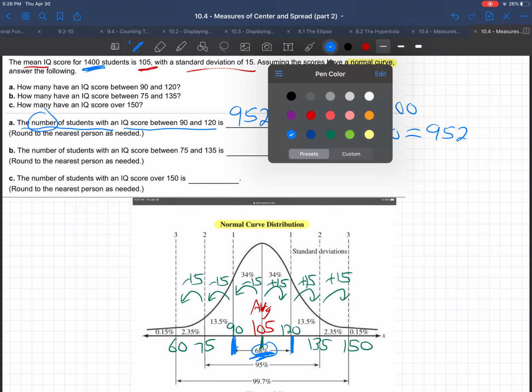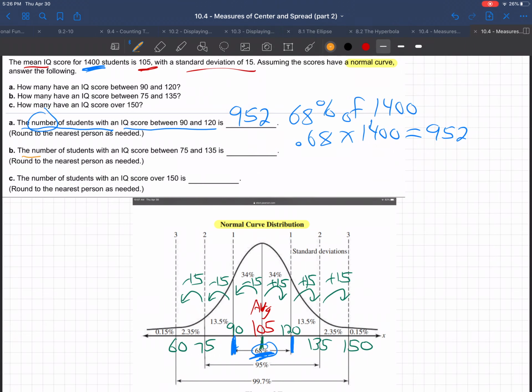Let's try the next question. Find the number of students with an IQ between 75 and 135. So here's 75 and 135. Oh, that's 95%, isn't it?